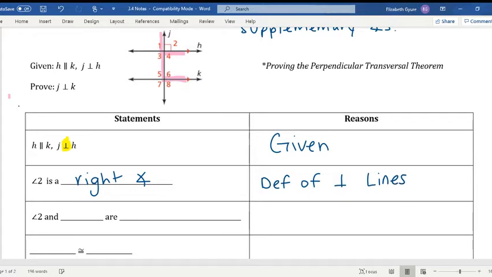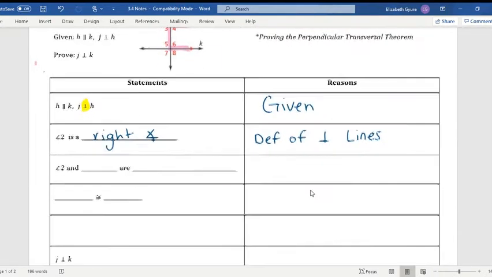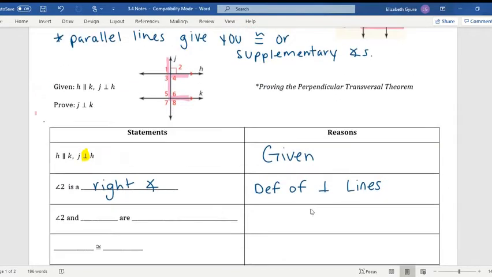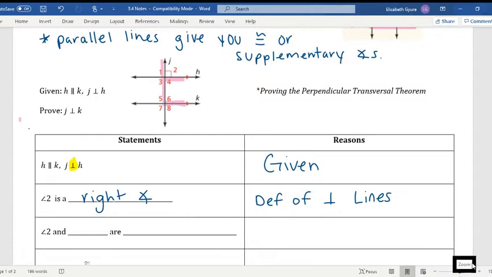Now, I could then say, oh, it's 90 degrees, great. I don't need to though. Because if I can show I have two right angles, aren't all right angles going to be congruent? That's a theorem we actually learned before. So what we're going to do now is say what angle relationship we had. Angle 2 and blank are blank. Now I left this all blank for you because there was more than one good answer.